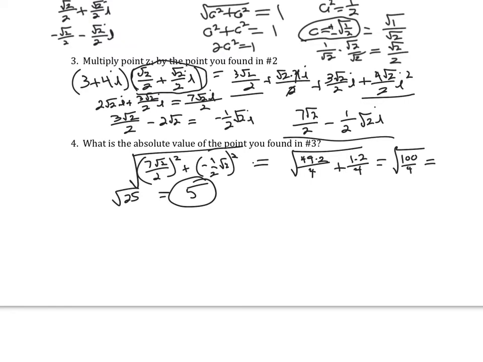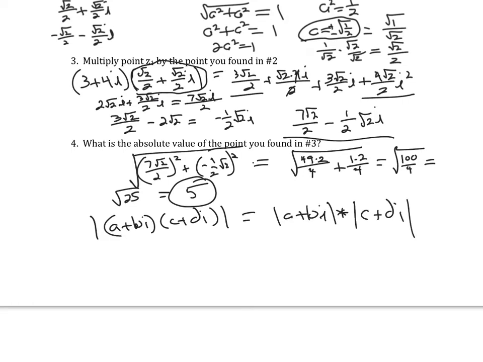When you multiply two complex numbers, the product's absolute value will be equal to the product of the absolute values of the individual numbers. In other words, if we have the product of a plus bi times c plus di, the absolute value of that is equal to the absolute value of a plus bi times the absolute value of c plus di.